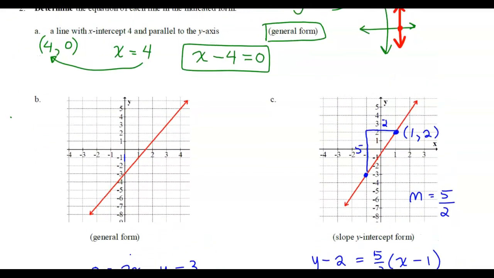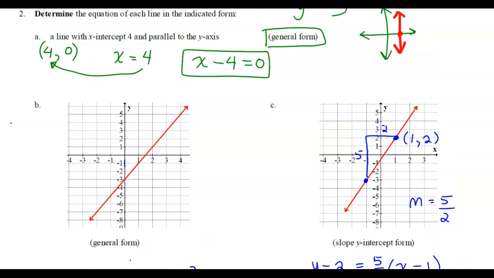Okay, so then the next one is we've got a line given to us. Take a look. Always look and see if the y-intercept is nice, and it is. It's -3, and we need to find the slope. So the slope is, choose another point. Looks like this is a nice point.